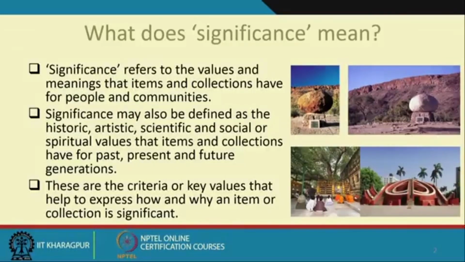Significance may also be defined as the historic, artistic, scientific, social or spiritual values that items and collections have for the past, present and future generations. These are the criteria or the key values that help to express how and why an item or collection is significant. We have discussed several cases to convey the different types of values.